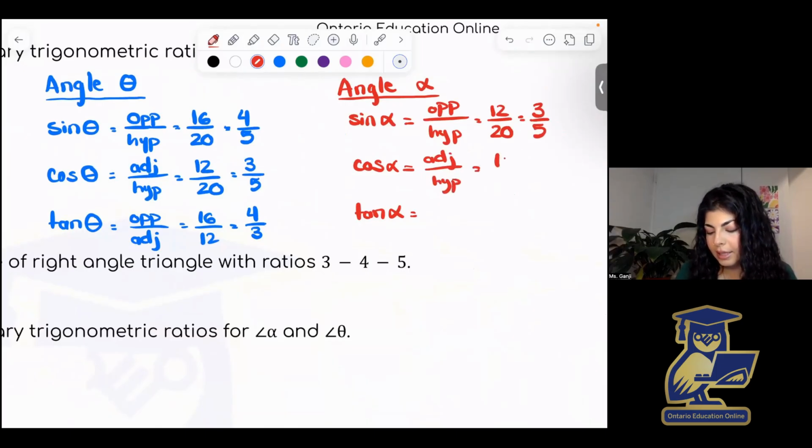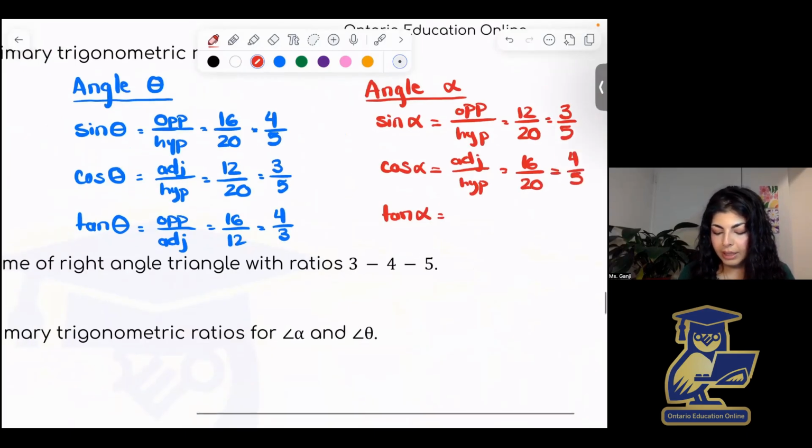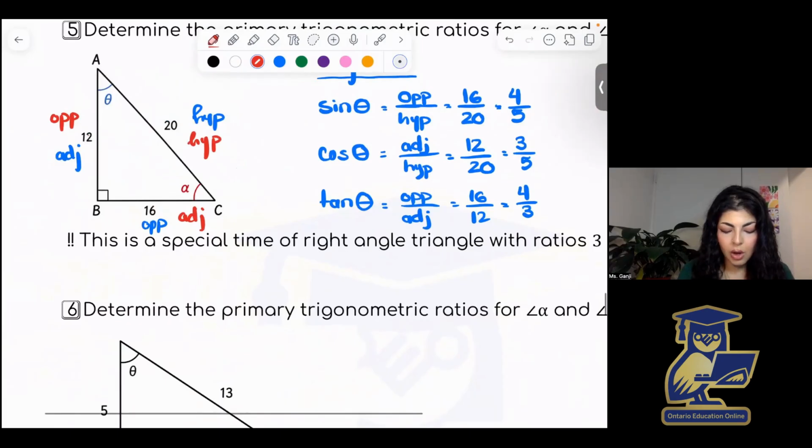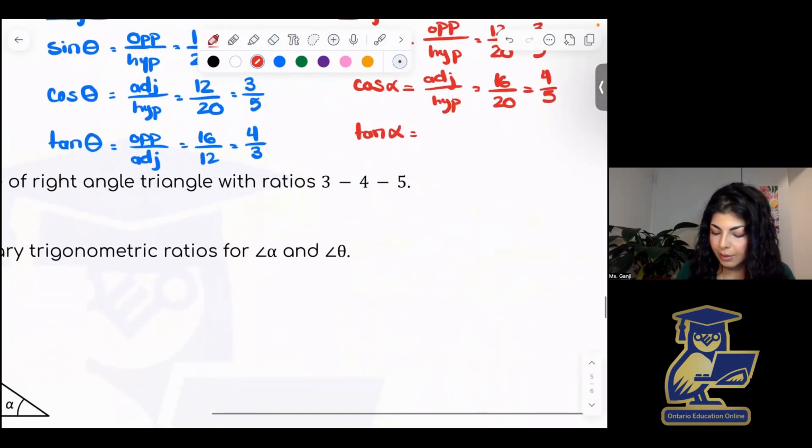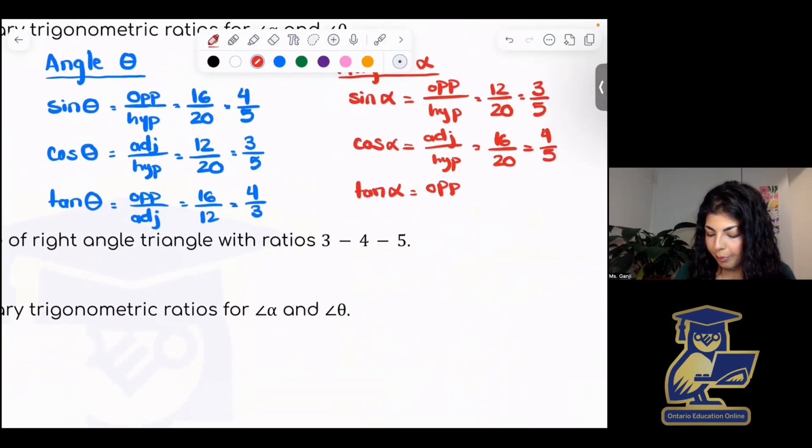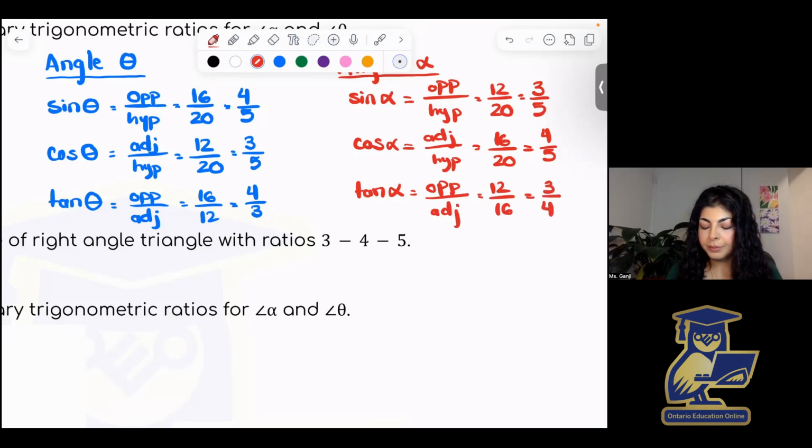This is 16 over 20, which is 4 over 5. And finally, the tangent, TOA, is opposite over adjacent, and this is 12 over 16, or 3 over 4.